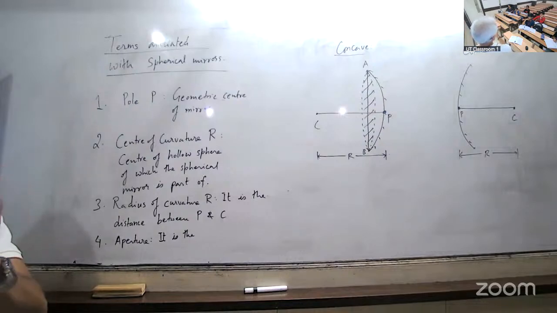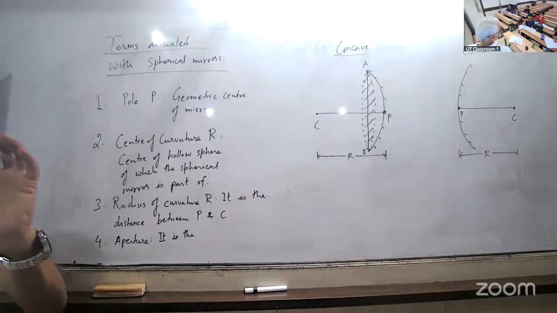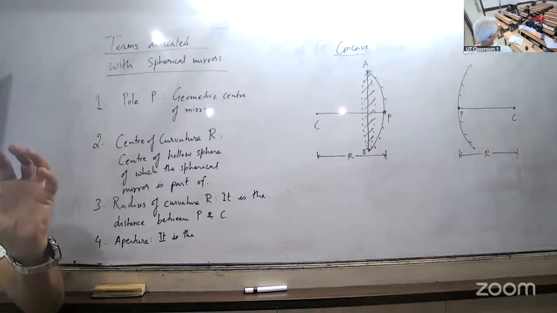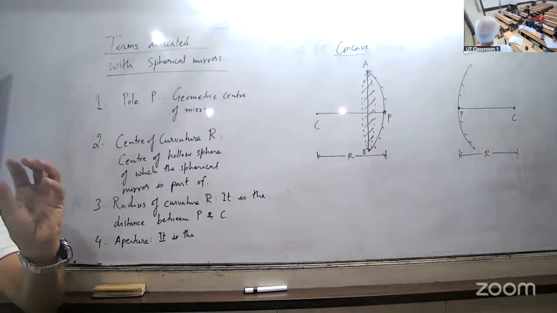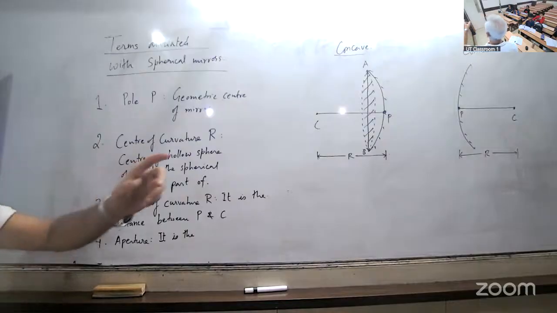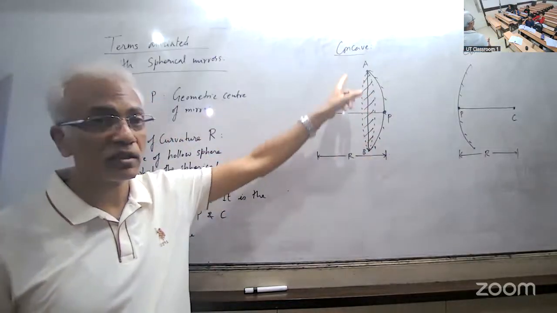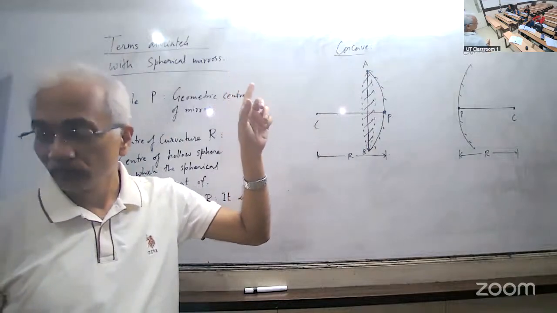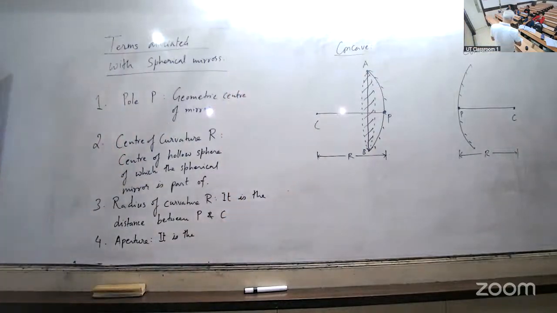So what does it signify? You cannot have light falling on the mirror more than what enters this area. So aperture is the window, or the amount of light that falls on the mirror. Aperture decides that. The part of the mirror which is exposed to the incident light is called the aperture of the mirror.